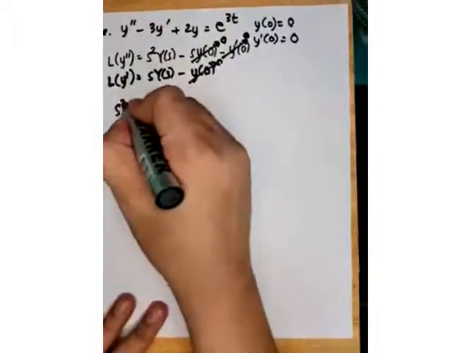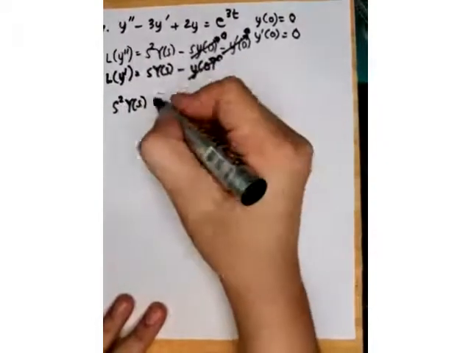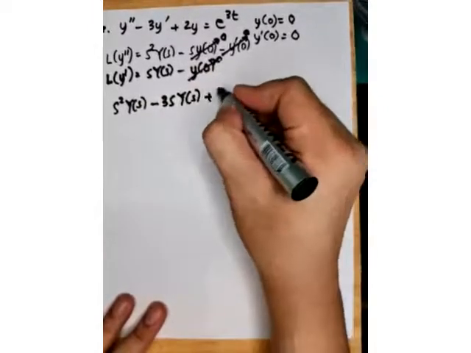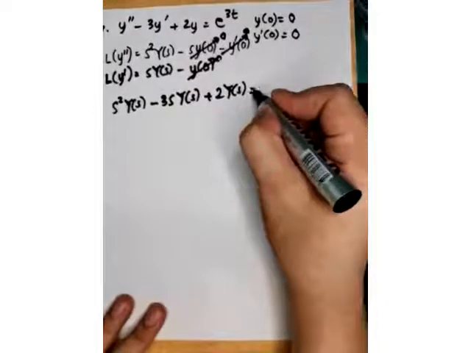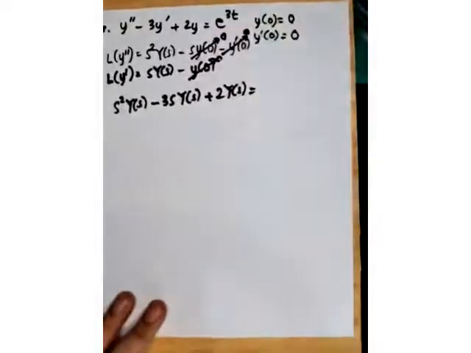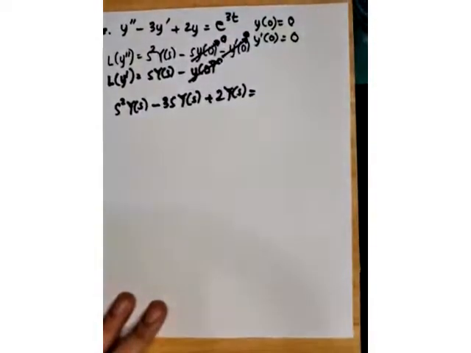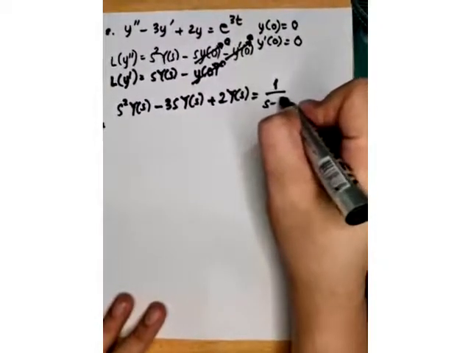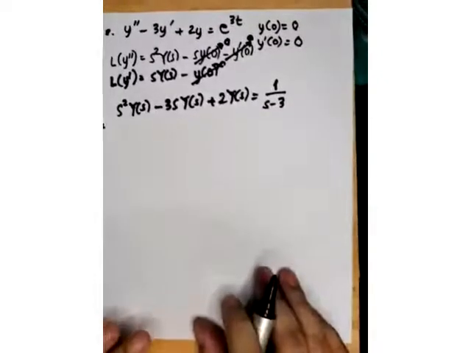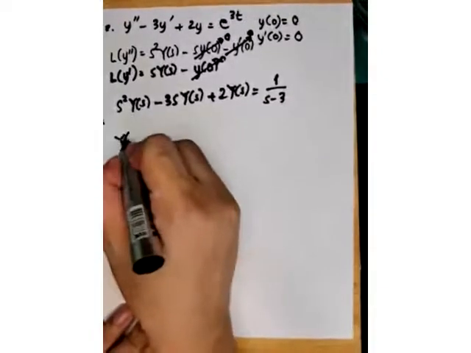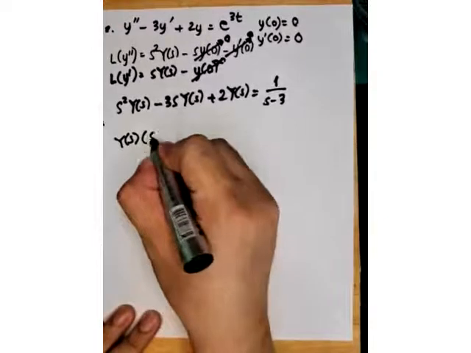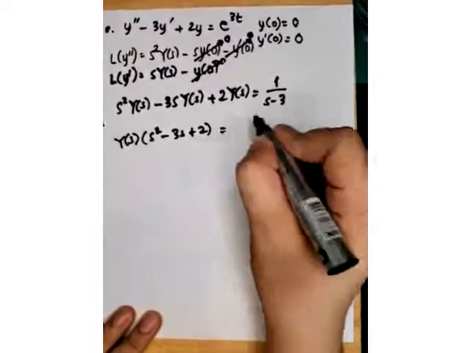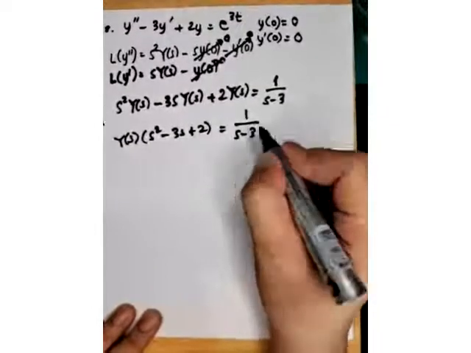So s squared of y of s minus 3 times s y of s plus 2 of y of s, so that's equal to the Laplace transform of e raised to 3t. Ayan. So that's equal to 1 over s minus 3. And factor out natin yung y of s. So y of s times the quantity s squared minus 3s plus 2 is equal to 1 over s minus 3.